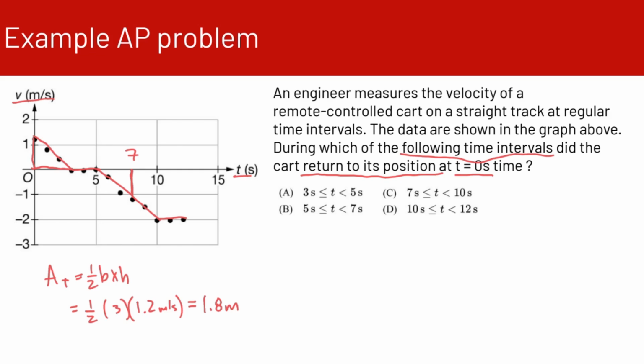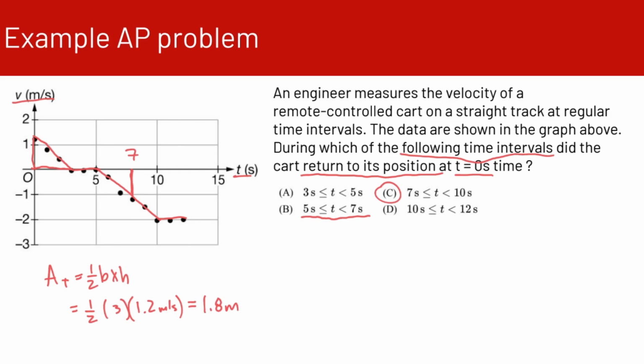Not before that point. So it's not going to be 5 to 7 seconds. Between 5 and 7 seconds, it is in the process of returning to its position. So after 7 seconds is when it's going to return. So the correct answer here is 7 seconds to 10 seconds.